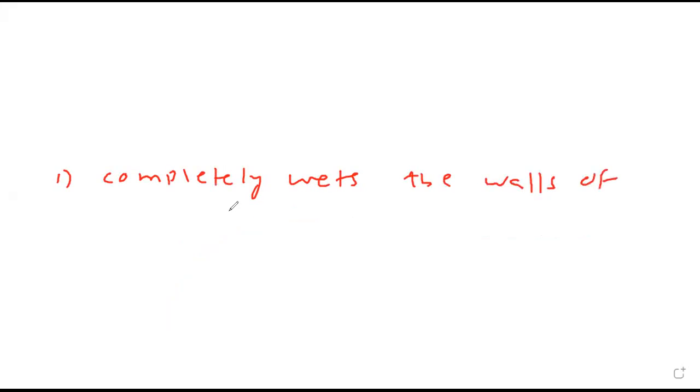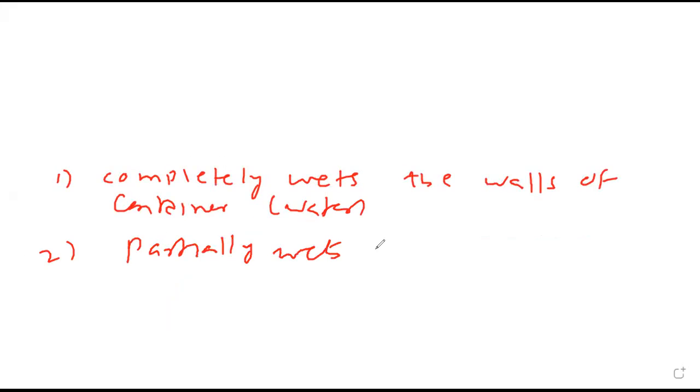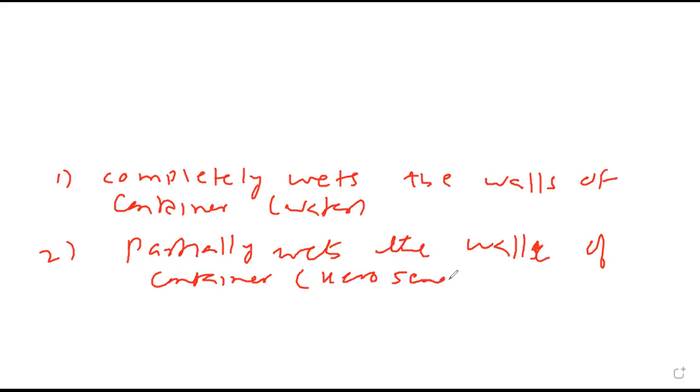See, usually there are three types of liquid. One, which completely wets the wall of container, such as water. Second, which partially wets the wall of container, such as kerosene.